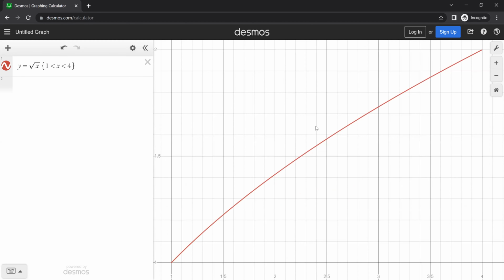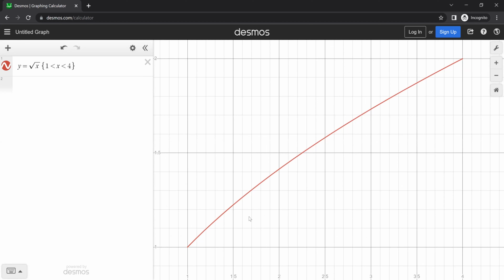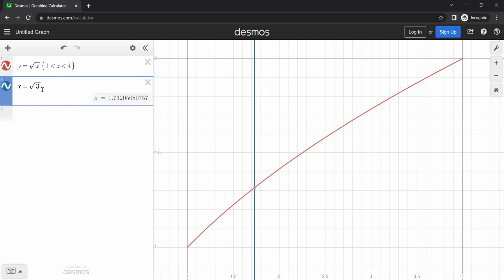How does this compare to what we just said? Would you agree that it has some of the same tendencies? Yeah, some of the same tendencies. But it's not quite as pronounced, right? So if we say x equals the square root of 3, and then x equals the square root of 2, do you see how those are closer to 1?